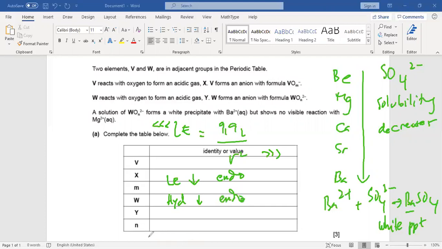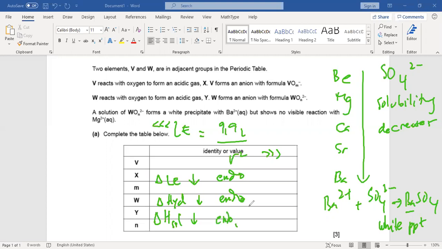Therefore it will also affect the value of delta H solution, which also decreases, meaning it becomes more endo.